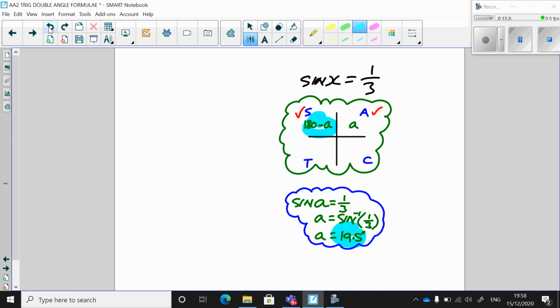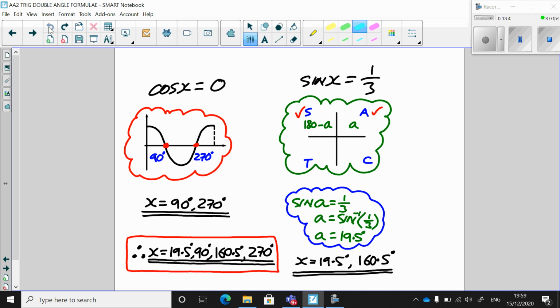That'll be your two solutions for this part of the equation: 19.5 itself and 180 minus it. Now bring back your other two answers from the graph. What was that, 90 and 270? Yep, let's bring them back on board. Fine and dandy.